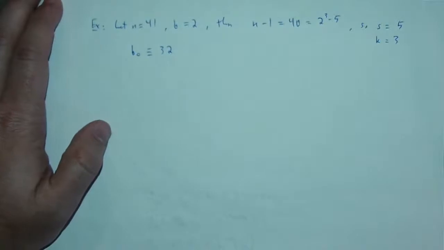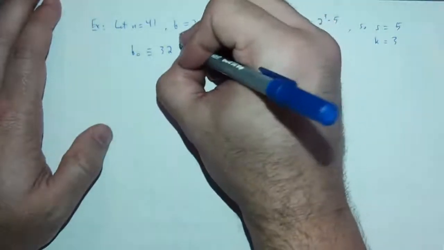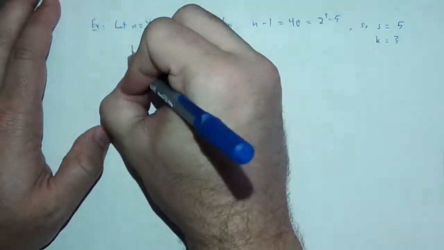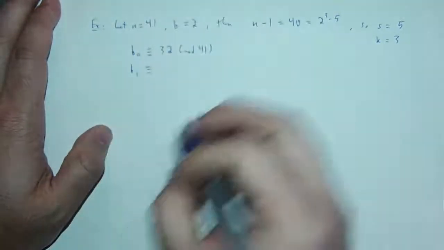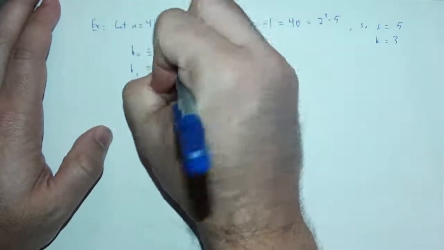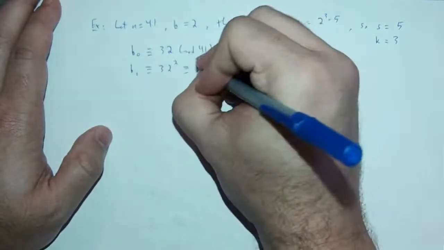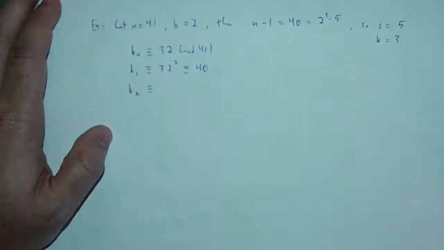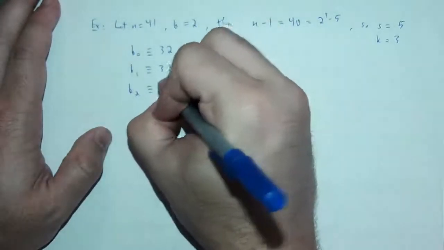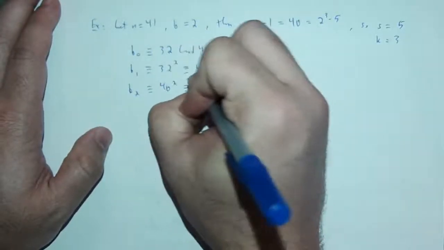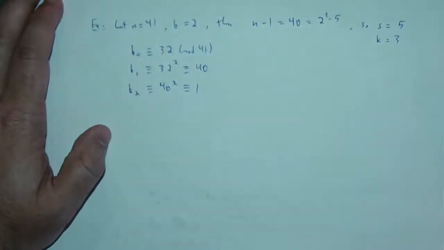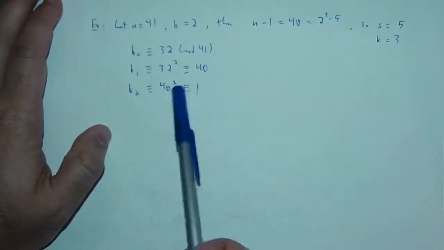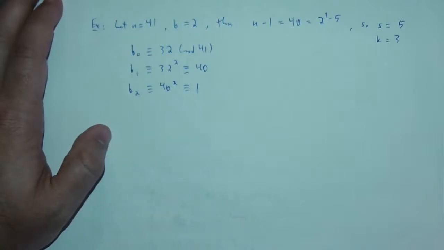And we're doing this mod 41. So b sub 1 is 32 squared, which is 40 mod 41. B sub 2 is 40 squared, which is 1, because 40 is minus 1 mod 41, so this is minus 1 squared, so that's just 1.